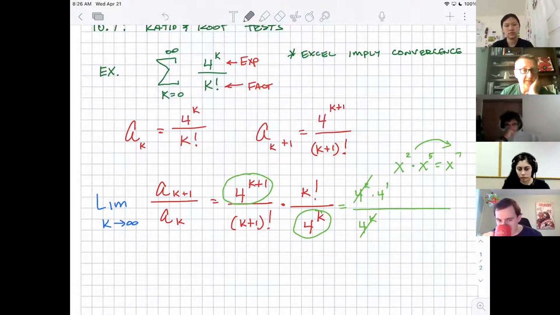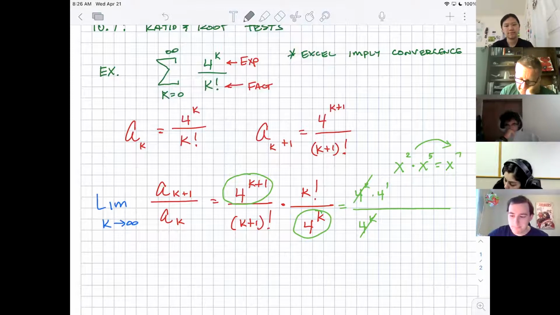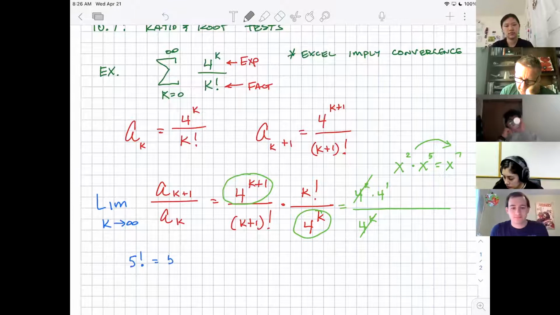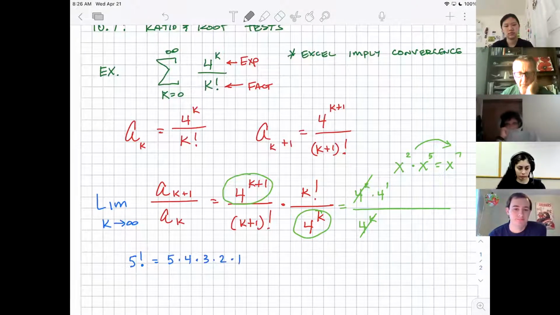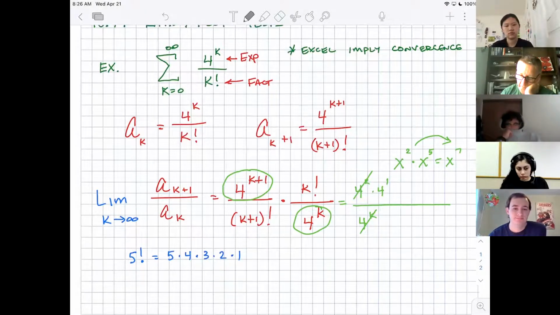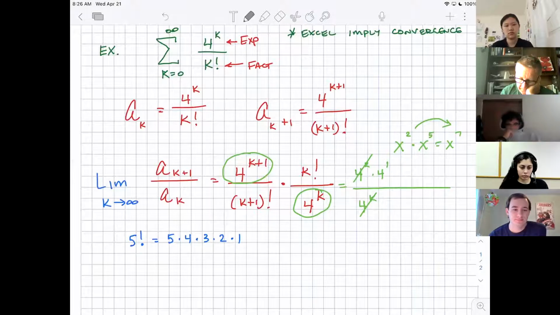Well, remember, factorial just means, if I have 5 factorial, this seems stupid to write down, but what are we doing? We're just taking 1 away from it each time, right? And we stop at 1. So what's k plus 1 factorial then? Is it any different?